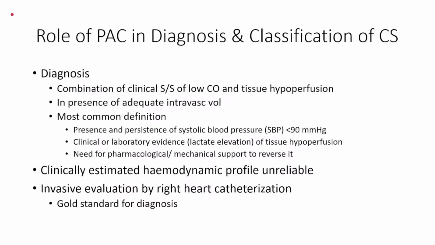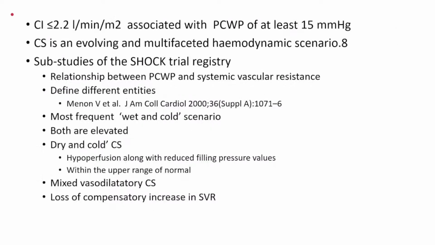And cardiogenic shock in numbers can be defined as cardiac index less than 2.2 liters per minute per meter squared, associated with a pulmonary capillary wedge pressure of at least 15. Cardiogenic shock is an evolving and multifaceted hemodynamic scenario. The sub-study of the SHOCK trial has demonstrated that from the relationship of pulmonary capillary wedge pressure and systemic vascular resistance, we can diagnose different types of cardiogenic shock.